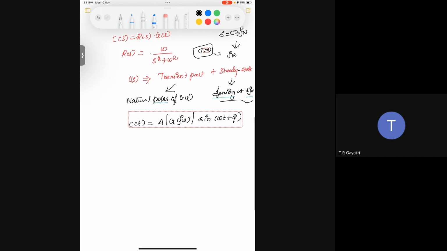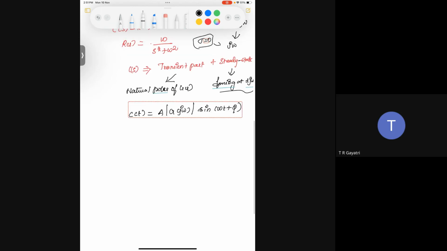Ultimately, your steady state part becomes A times the magnitude of G of j omega into sine of omega t plus the phase of G of j omega. That will be your final output response for this input. Maybe I will consider this as omega itself.